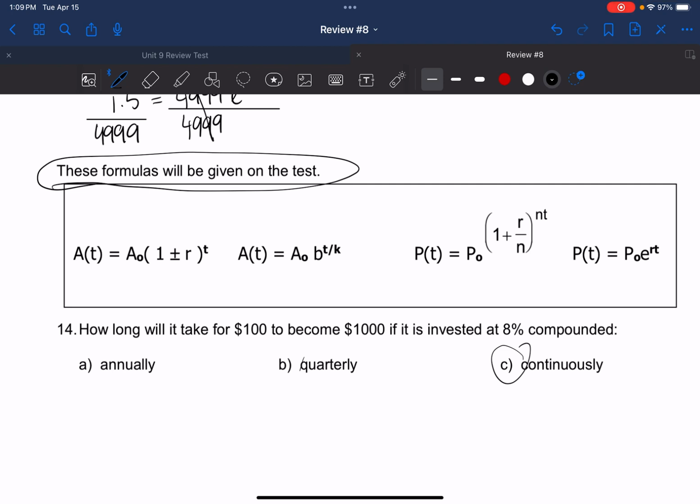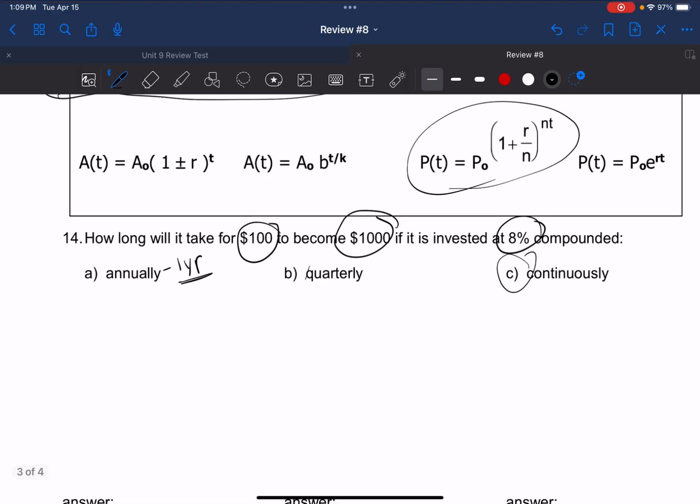All right, if we are compounded annually, that would mean once per year. So we have the initial amount and we have the final amount. We have the rate and we know how many times a year. That would be this formula because n tells us how often per year.